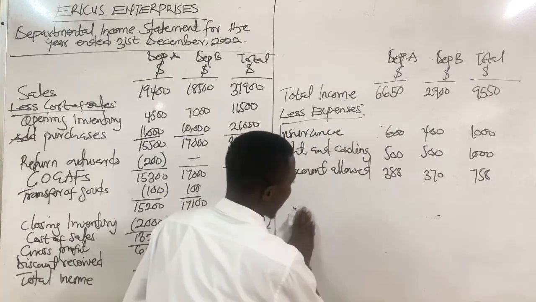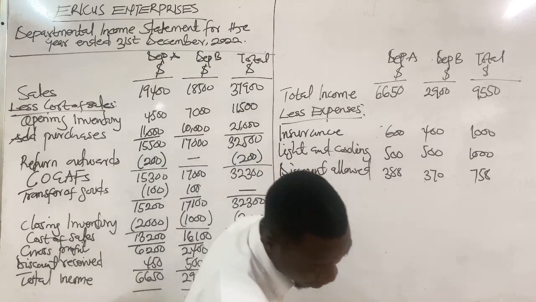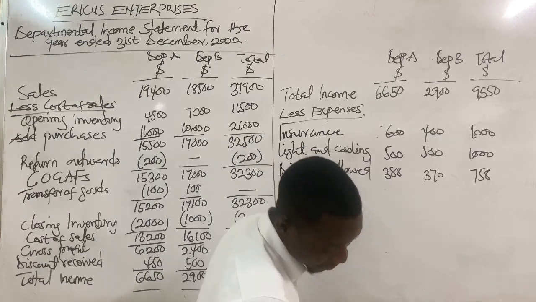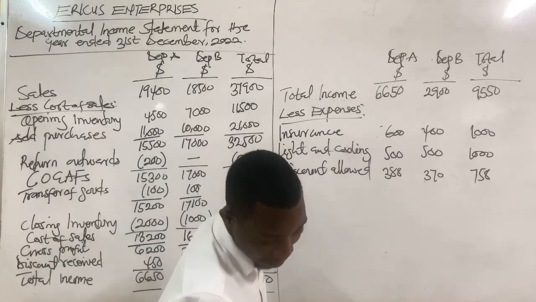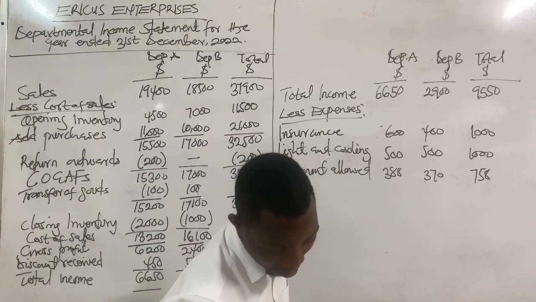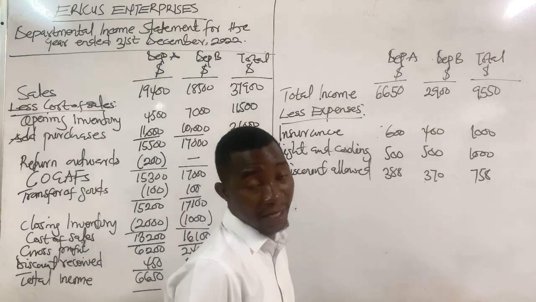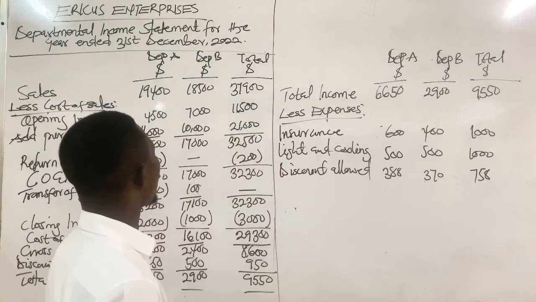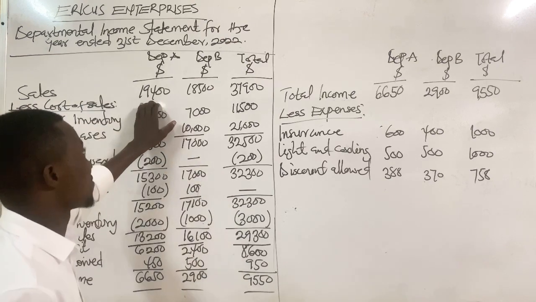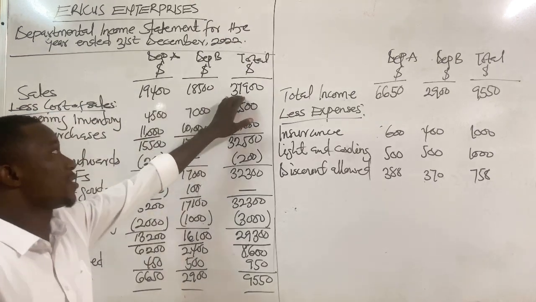So the next expense I would like to talk about over here is the delivery expenses. Its basis of apportionment is proportion to sales, that is sales proportion. So to determine the sales proportion, this is the sale for department A, sale for department B, and the total.